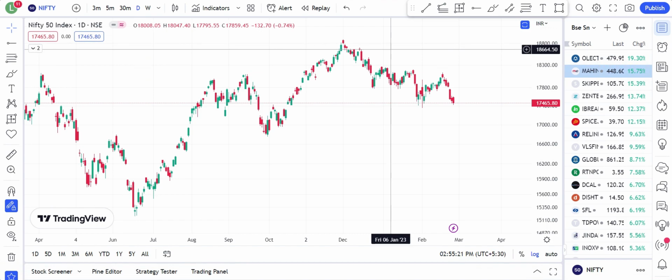Now, the first thing I want to discuss is, we have always heard this phrase that all the indicators are lagging. If you simply plot a moving average, simple or EMA, it does not make any difference. If you plot a moving average, the first thing you will hear is that a moving average is very lagging in nature.